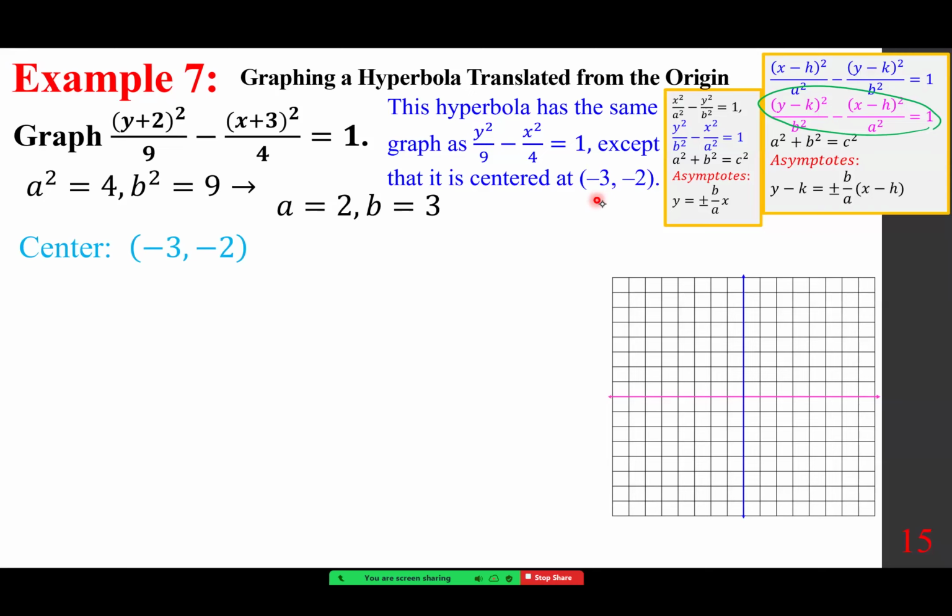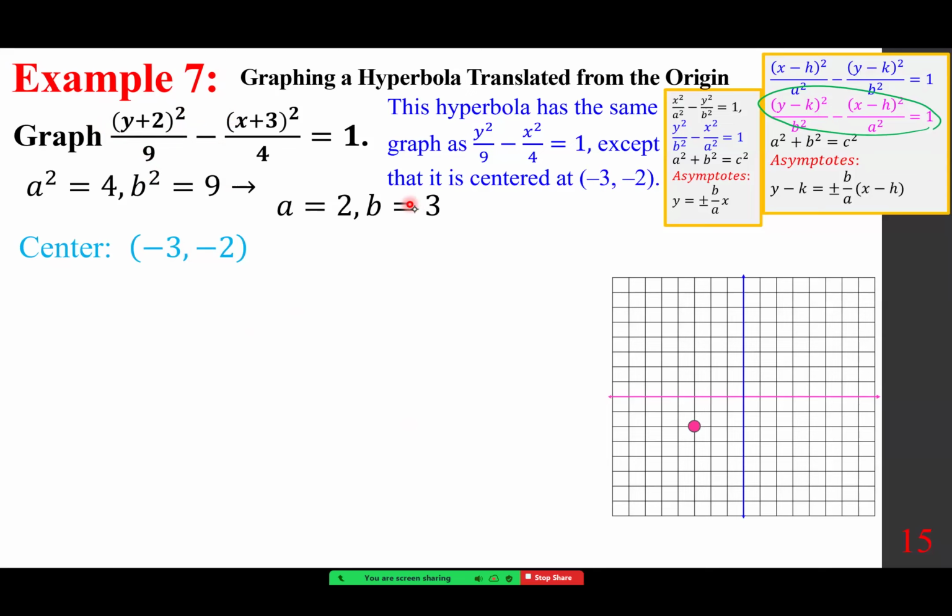Now, since this opens up and down, because y squared in essence has a positive coefficient, it opens up and down. So in order to find the vertices, you go back to the center and you go up and down by how many units? By b units.